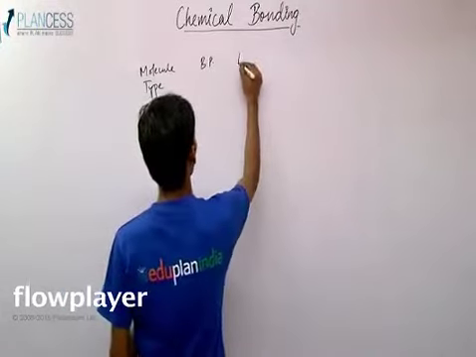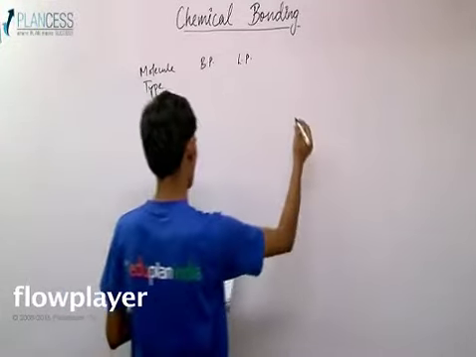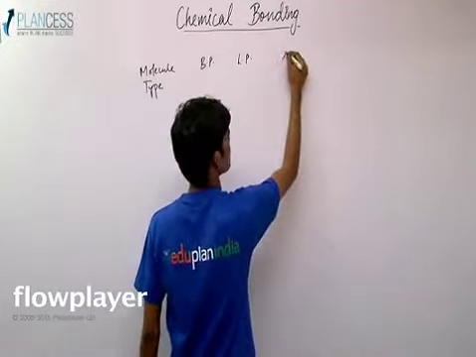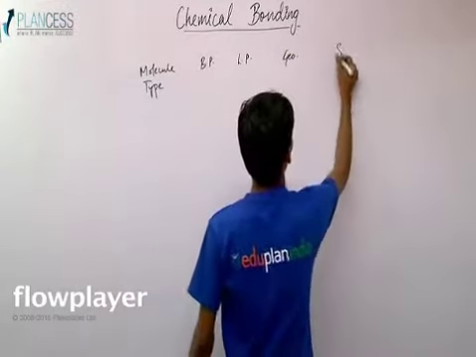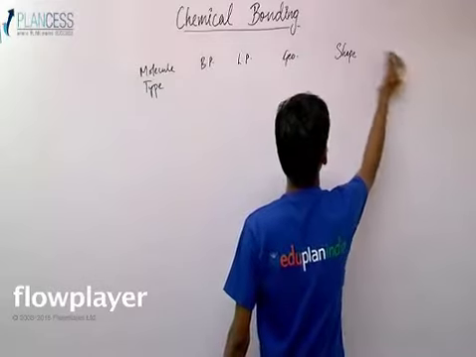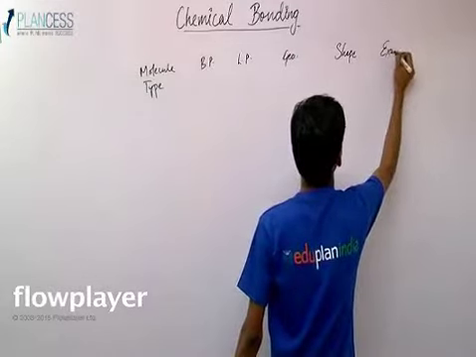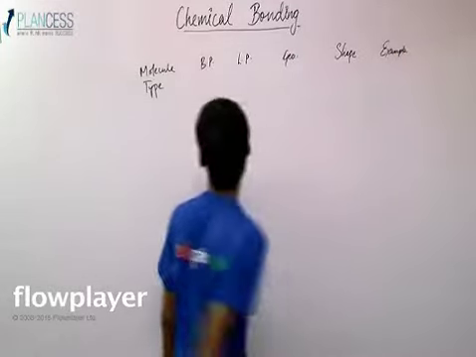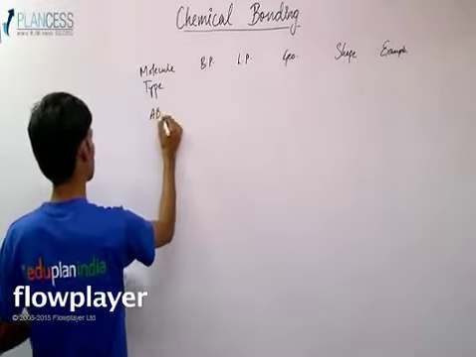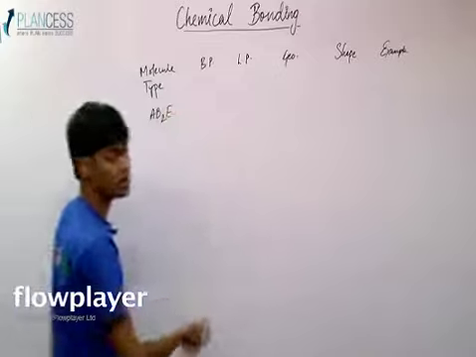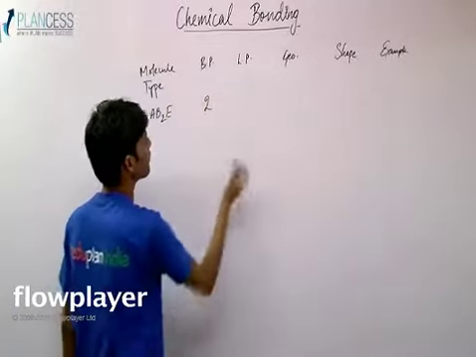Then here would be the lone pair. Here would be the arrangement, or geometry. Here would be the shape, and here I would give you some examples. So let's start with the molecule type. The first molecule type is AB2E, that is, there are 2 bond pairs and 1 lone pair.